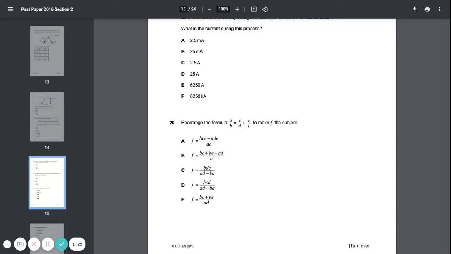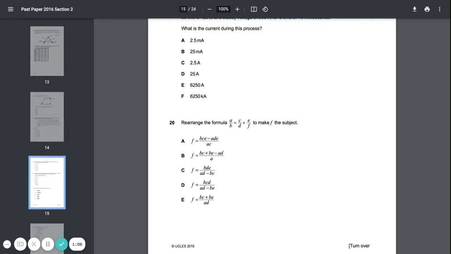A by B is equal to CF plus ED over DF, and you take B to the other side, so you get BCF plus EBD is equal to ADF.